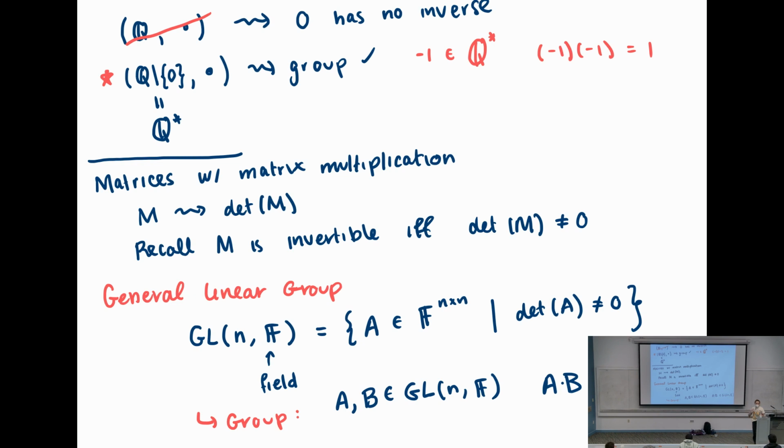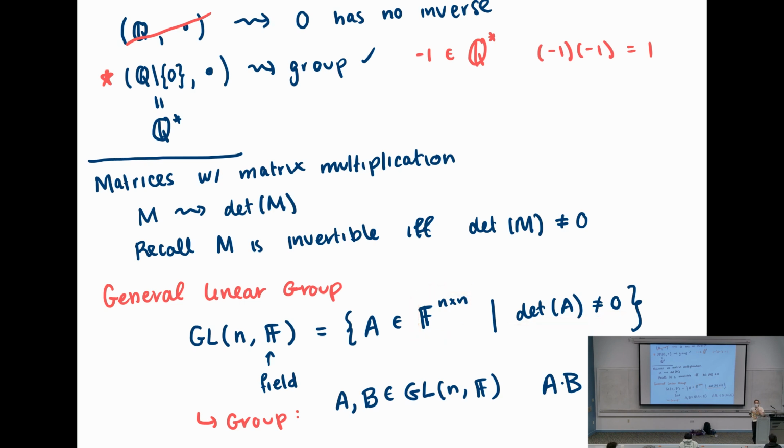So why is that? When we define group multiplication, it's an operation that takes two elements. Out of this operation, we're definitely going to get an n by n matrix, right? Why do we know that that matrix has non-zero determinant?